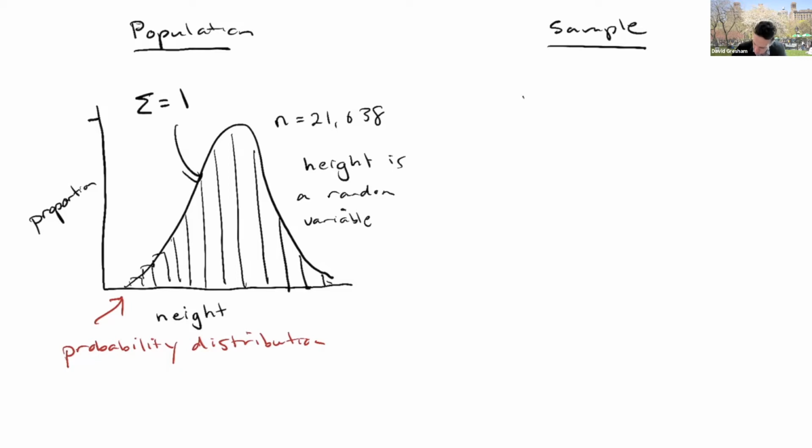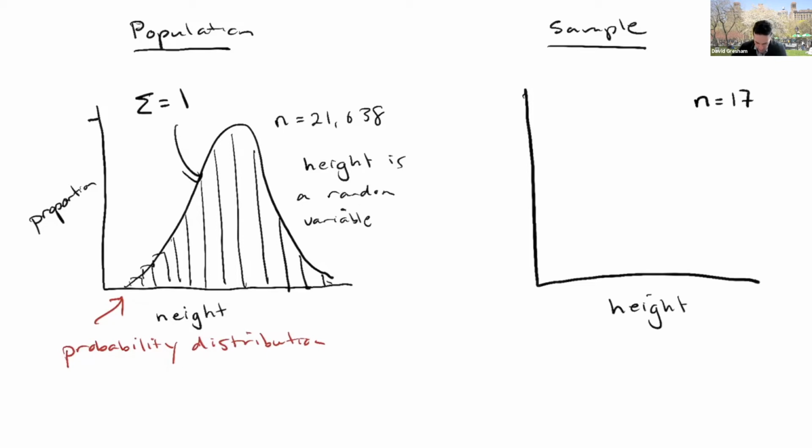By contrast, when we take our sample of individuals, let's simplify this by saying we only have 17 individuals in our sample. Again, we have height on the x-axis, and here we're going to count the frequency of each individual.